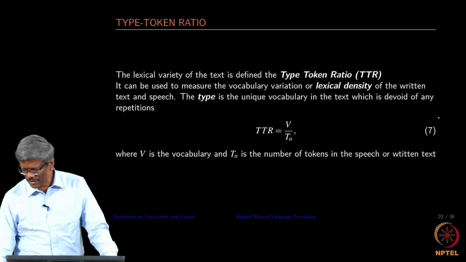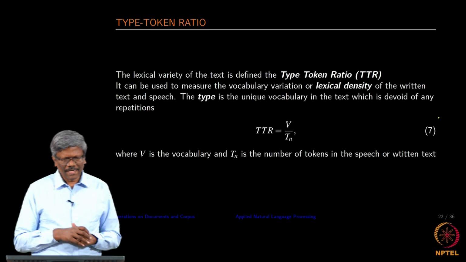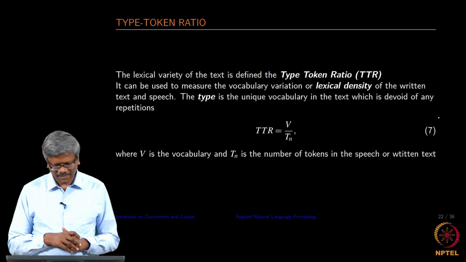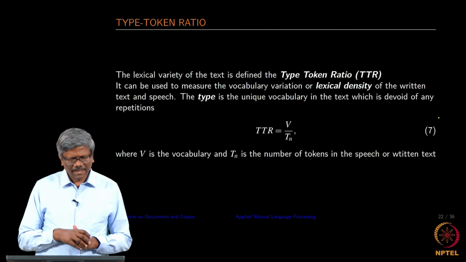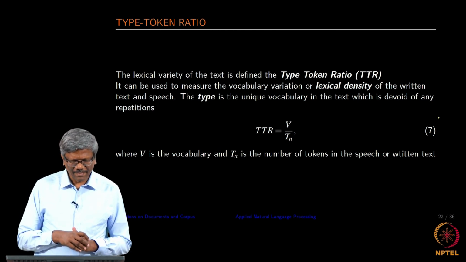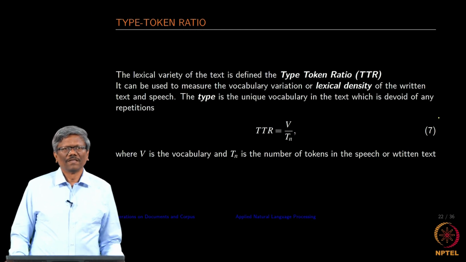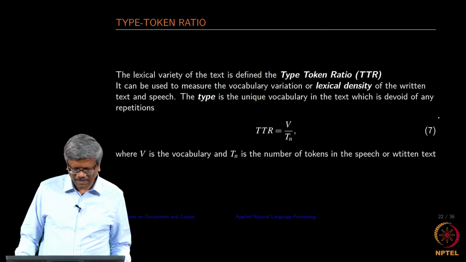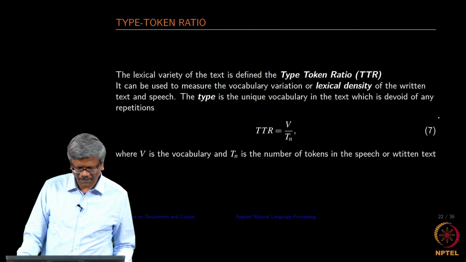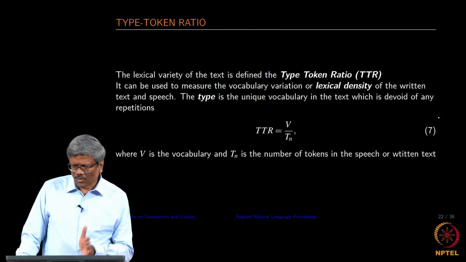Let us move on to the next definition. This is again performed on the document, where we want to find the lexical variety. This is called the type token ratio. What do we do here? We find the type with respect to the total number of words.